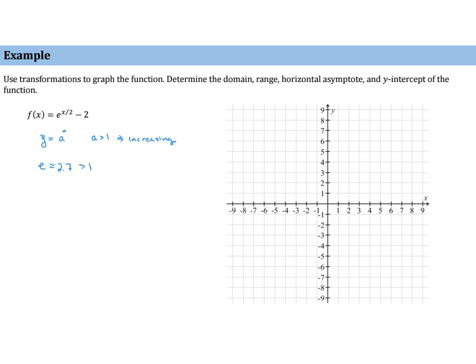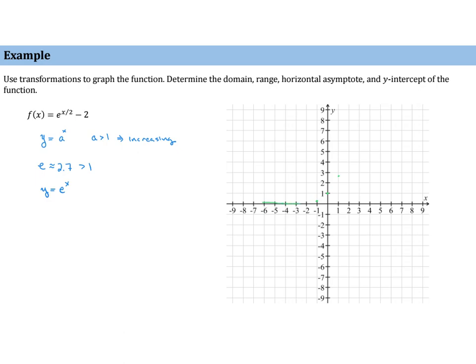So our graph will be increasing. So y equals e to the x will look like what? We have 0, 1, we have 1, e, and we have negative 1, 1 over e. So 1 over e will be between a third and a fourth. So you can't really tell in a graph, which is nice, unless we got really close. And then we have a horizontal asymptote.